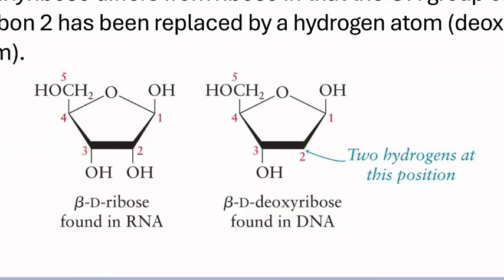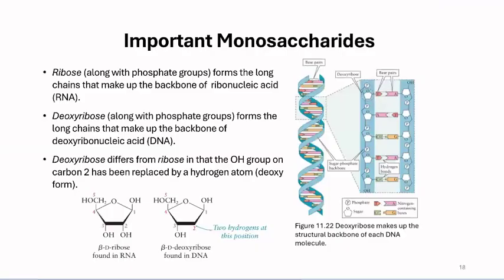So in the ribose structure, in position 2, what you have is 2 hydrogens, which is known as deoxyribose. As I mentioned, these types of biomolecules we're going to learn in detail in chapter 13.